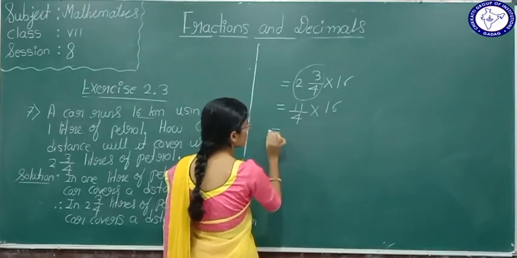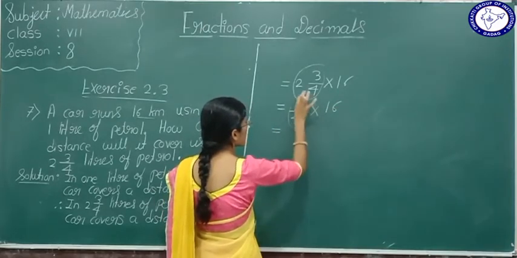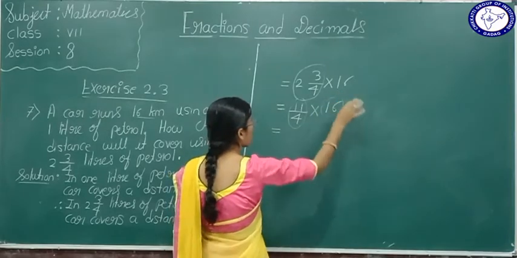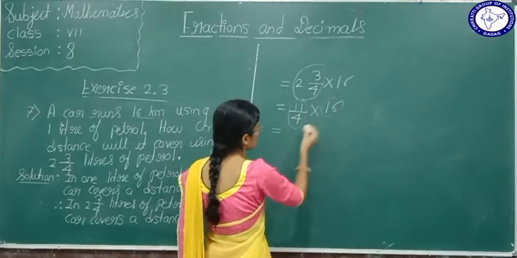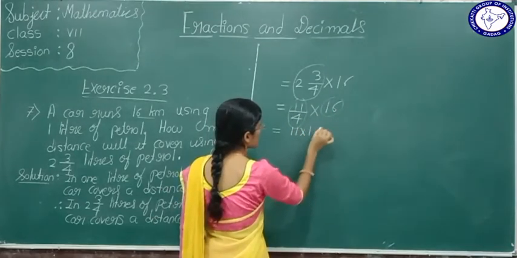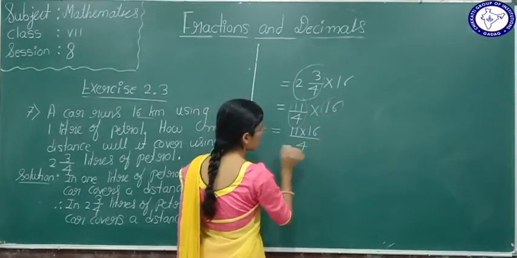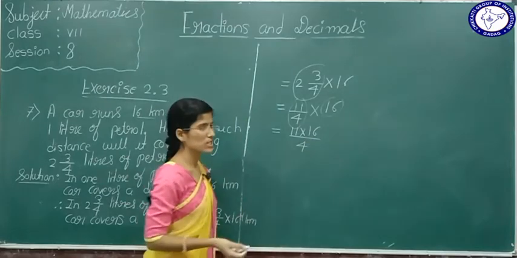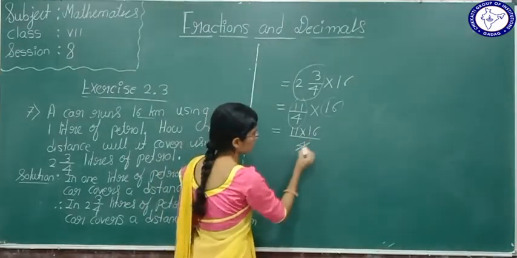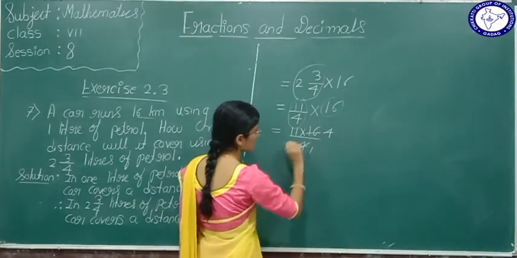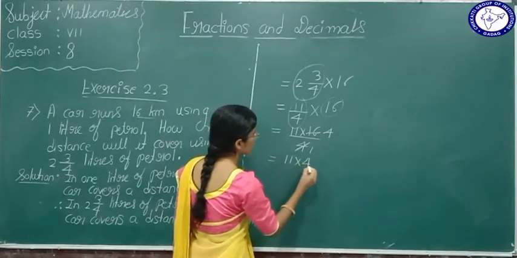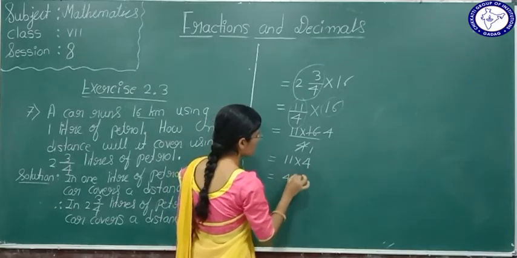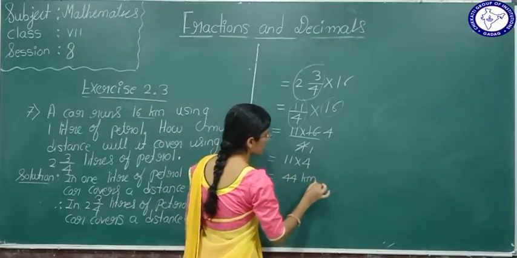Now how to multiply a fraction with a whole number? You multiply the numerator with the whole number, that is 11 multiplied by 16, divided by 4. To make the calculation easier, we will cancel: 4 ones are 4, 4 fours are 16. It becomes 11 multiplied by 4. What is 11 multiplied by 4? It is 44 kilometer.